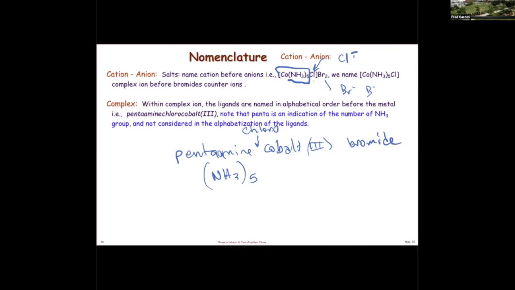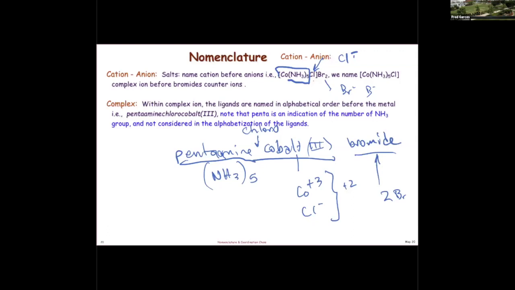Don't put dibromide here, because you should know from here that the cobalt is +3, the chlorine is a -1, so that whole thing is +2, and so all you need is 2 bromines as a counter ion. So you don't need to put dibromo. You can figure it out based on the ions that are in the name.